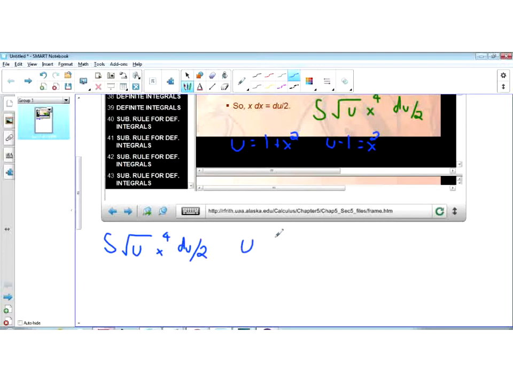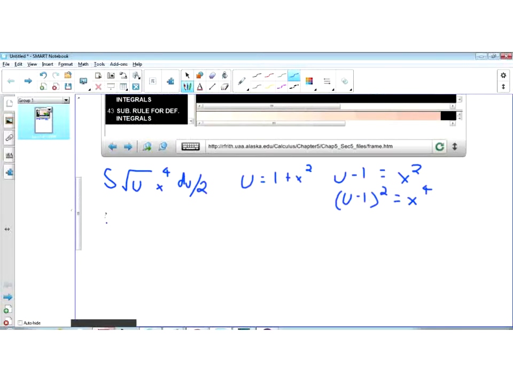So u is equal to 1 plus x squared, so u minus 1 is equal to x squared. If we square both sides, we'll have u minus 1 quantity squared is equal to x to the 4th.